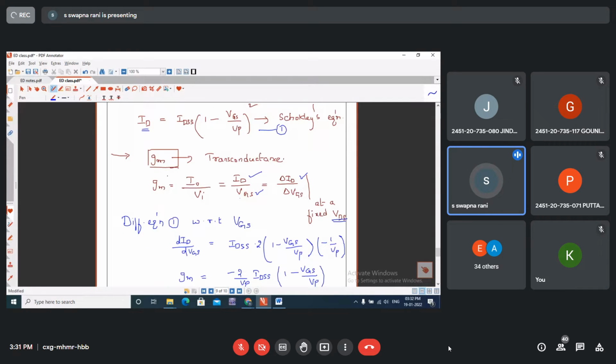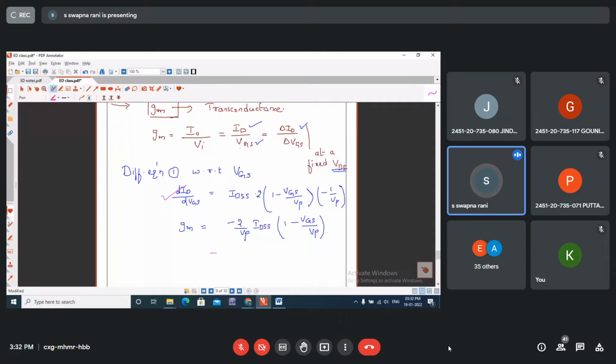To find the transconductance, which is delta ID by delta VGS, I can find it if I differentiate equation 1 with respect to VGS. Then you will easily get the transconductance expression. Therefore, I am differentiating equation 1 with respect to VGS.